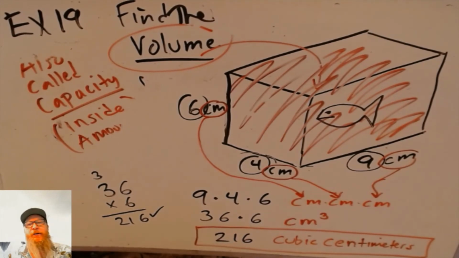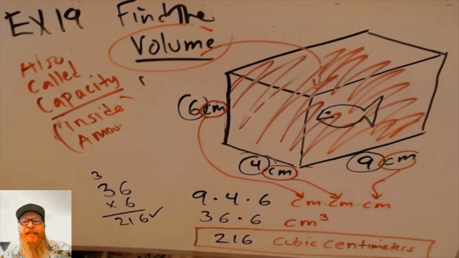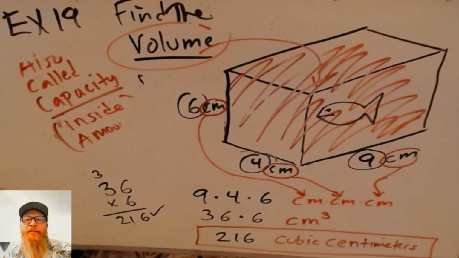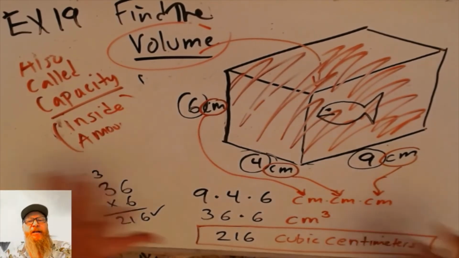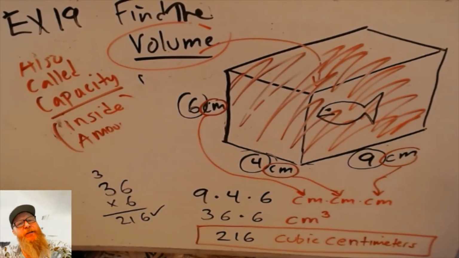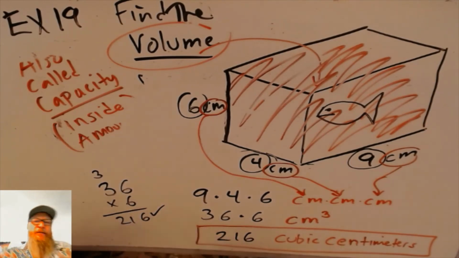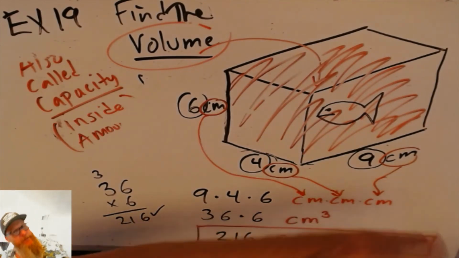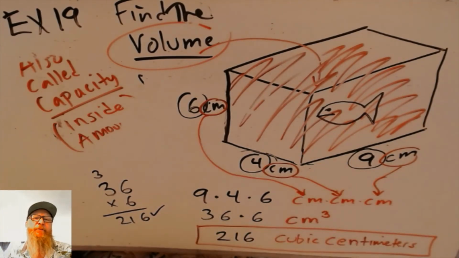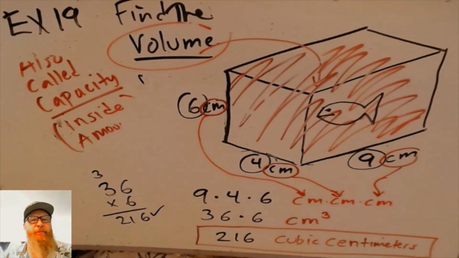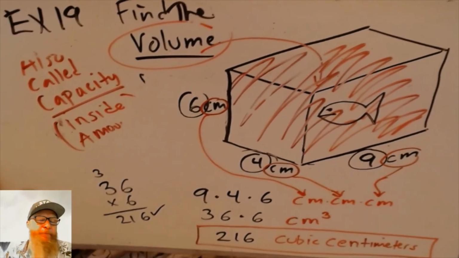So that would be your answer, 216 cubic centimeters. If this was a bigger tank, suppose it was measured in inches or feet or even meters, then it would be 216 cubic feet or 216 cubic meters or whatever it happened to be measured in. If it's really big, kilometers or something, that'd be really big.